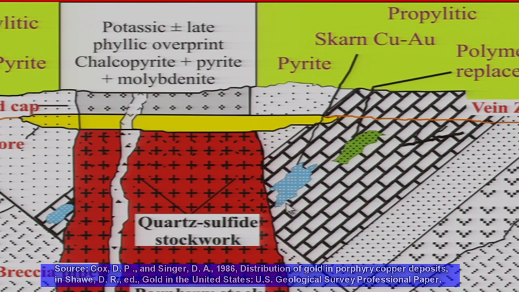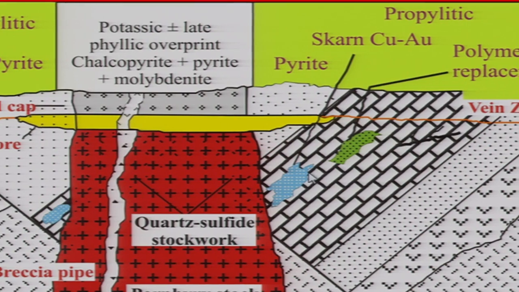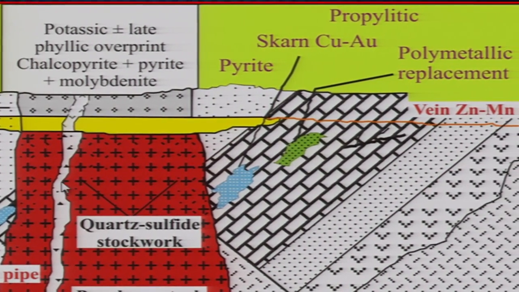Skarn copper and gold deposits are the best example, formed by emanations coming in contact with reactive rocks. The chemical reaction is taking place, volume to volume replacement is taking place. The emanations enriched in metals like copper and gold replace the country rock and get deposited here.